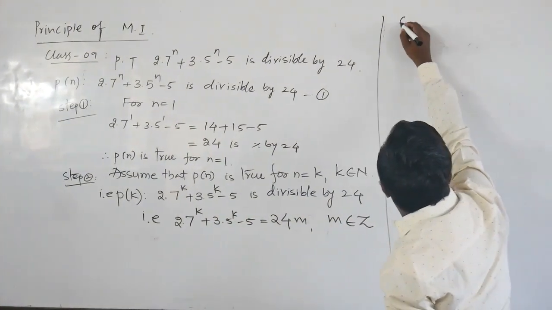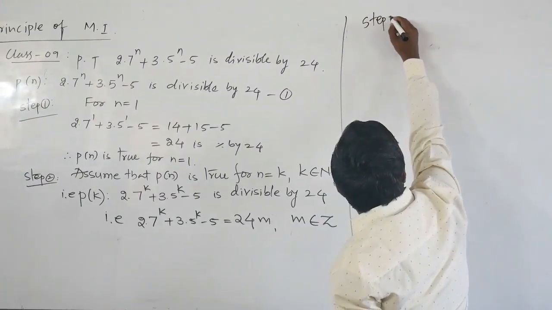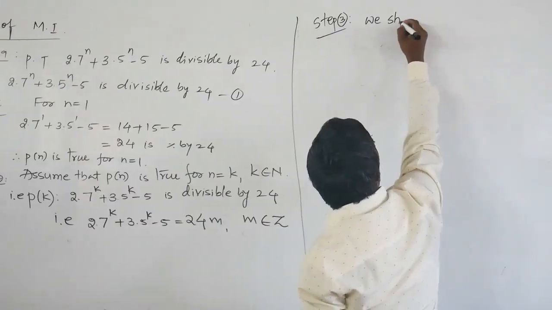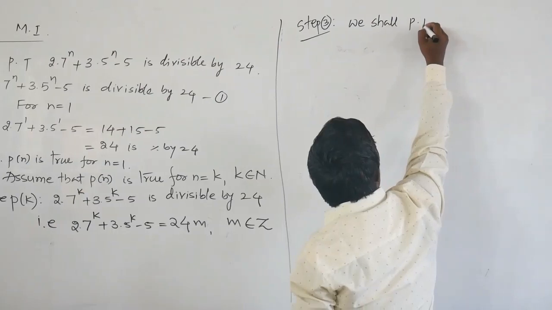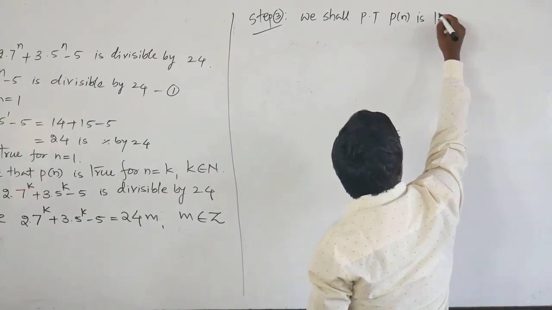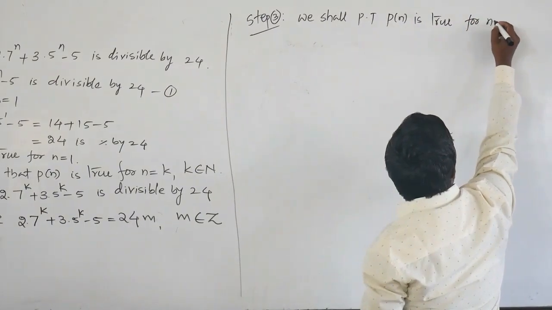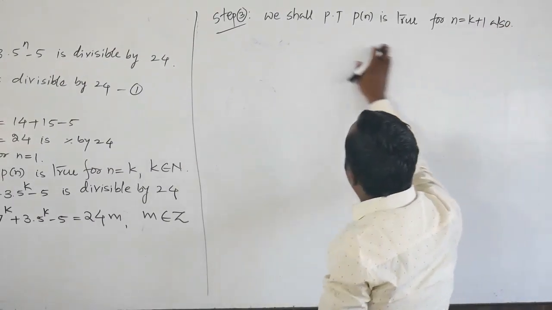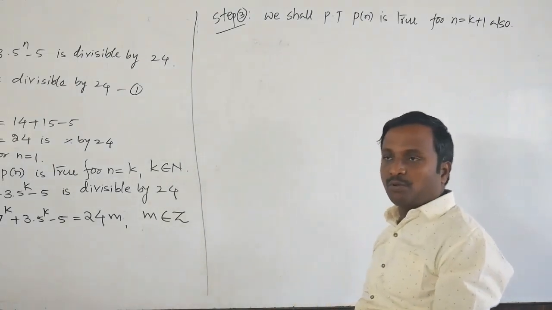So next, step 3: we shall prove that P of n is true for n equal to k plus 1 also. So wherever there is n, write k plus 1.